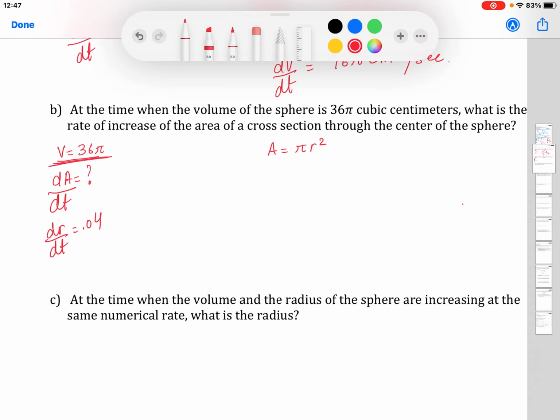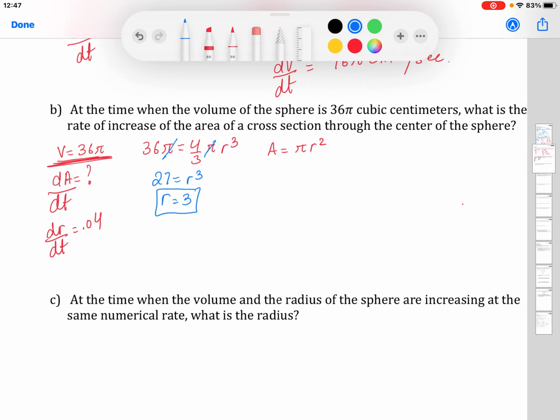So can I not use my volume, which is 36 pi, and set it equal to 4/3 pi r cubed? Right, the pi's cancel out. When I cross multiply, I get what? 27 equals r cubed. So r is what? 3. So I got r equals 3.